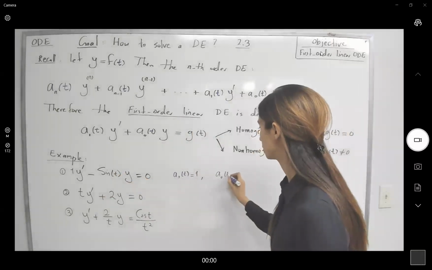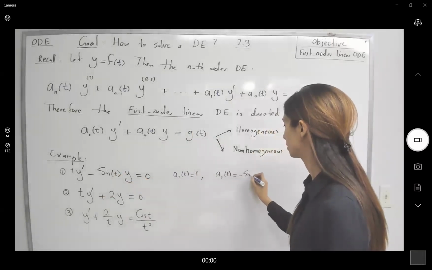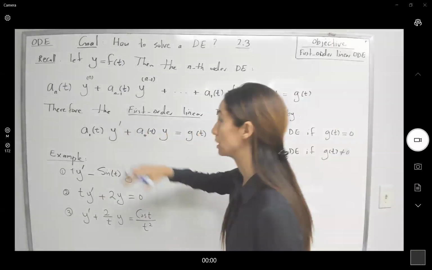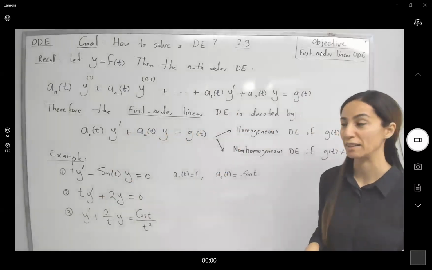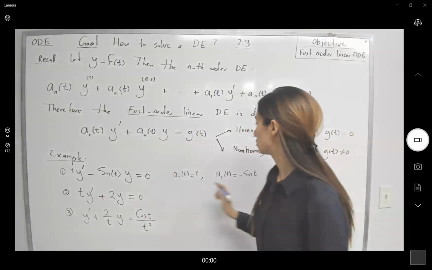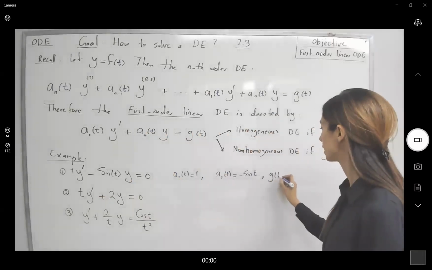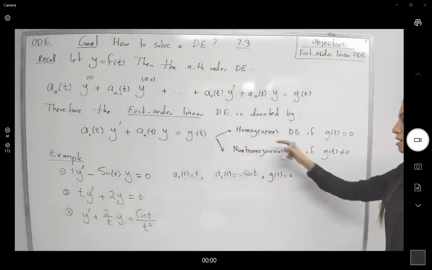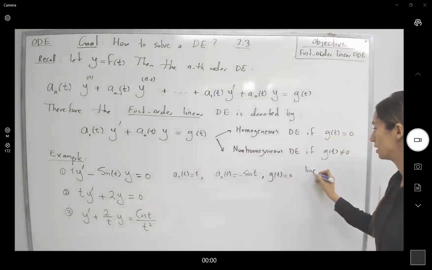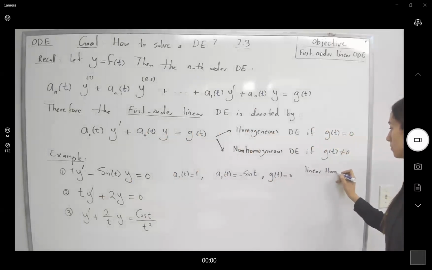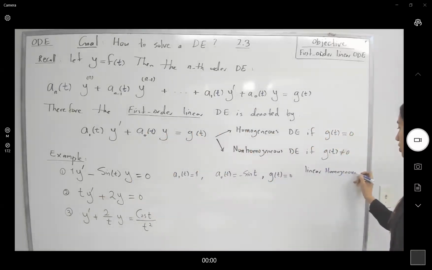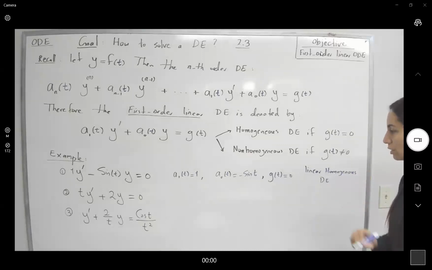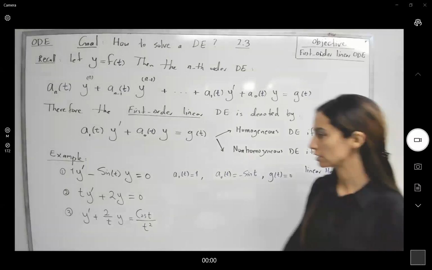You're just comparing these two equations, nothing more than that. And g of t is equal to 0. What's the meaning of that? It means that we have a linear differential equation and it is homogeneous. Linear homogeneous differential equation.